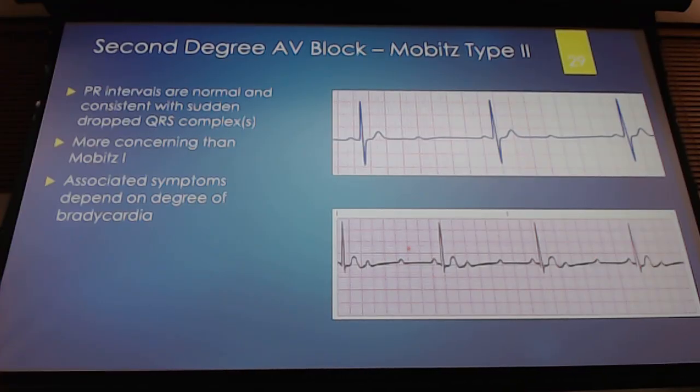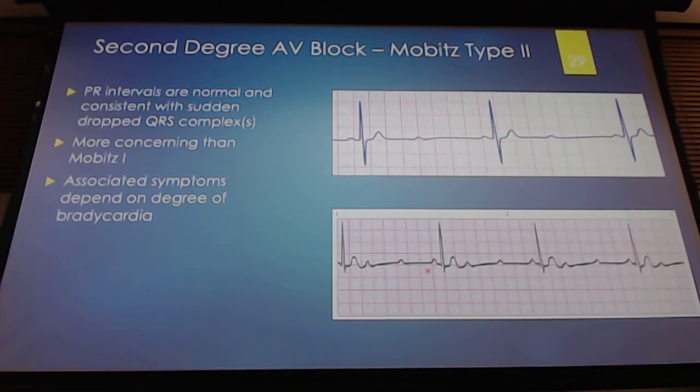And sometimes you will have 4 or 5 dropped beats consecutively, which means these patients are going to have heart rates in the 20s and 30s, and maybe in the 40s. So they're going to be symptomatic based on the amount of depolarization that actually gets down to the ventricles.